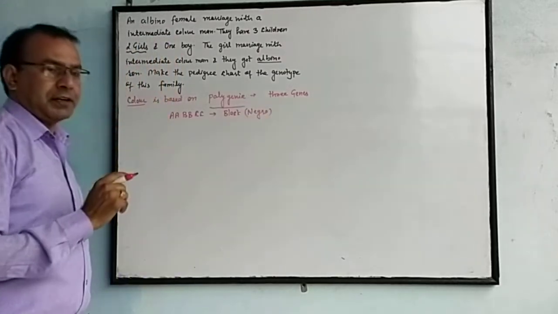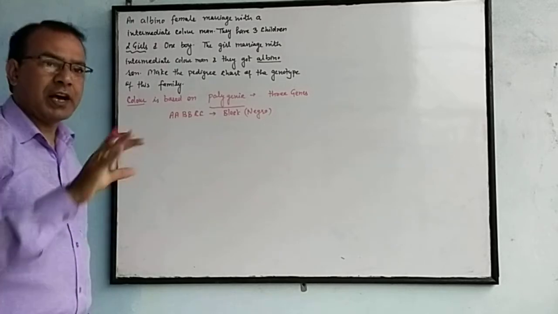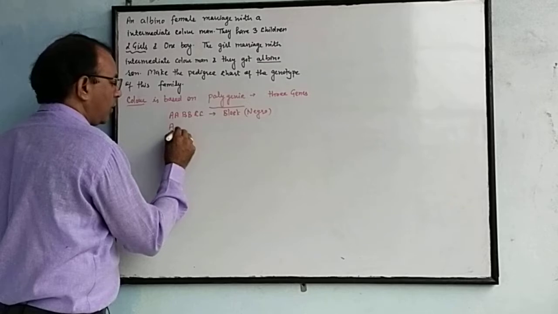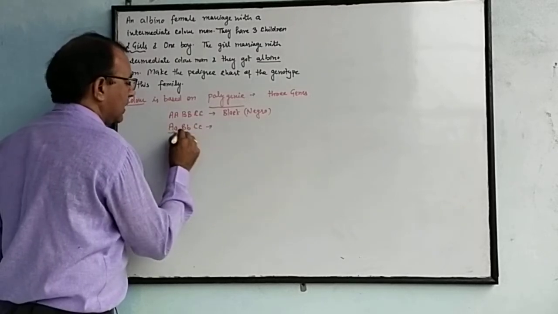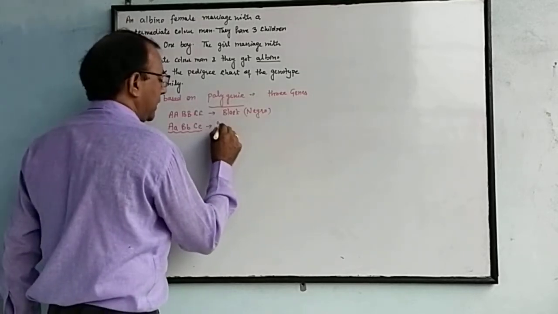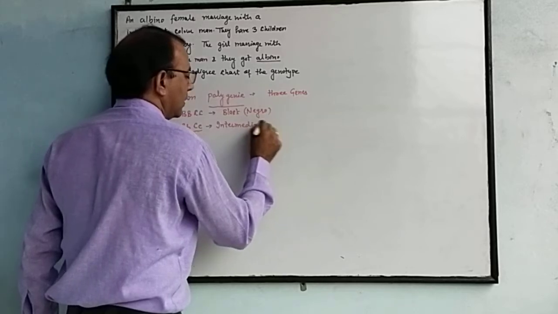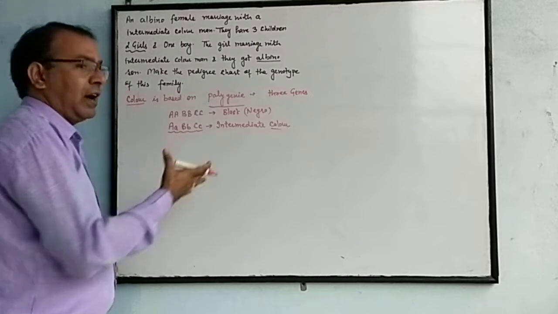And intermediate means out of 6, 3 are capital and 3 are small: one capital, one small, one capital, one small, and one capital, one small. This is the color of an intermediate male or female. Then how can we represent the albino color?